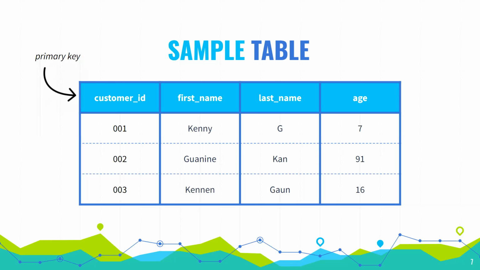The primary key is the customer ID. Notice that the primary key is not first name or last name, because there could be multiple people with the same name. So usually we use the primary key, which is a number, to identify each record by itself. 001 would equate to the first customer, 002 to the second, and 003 to the third. And of course, if you add more records, it'll just increment from there.